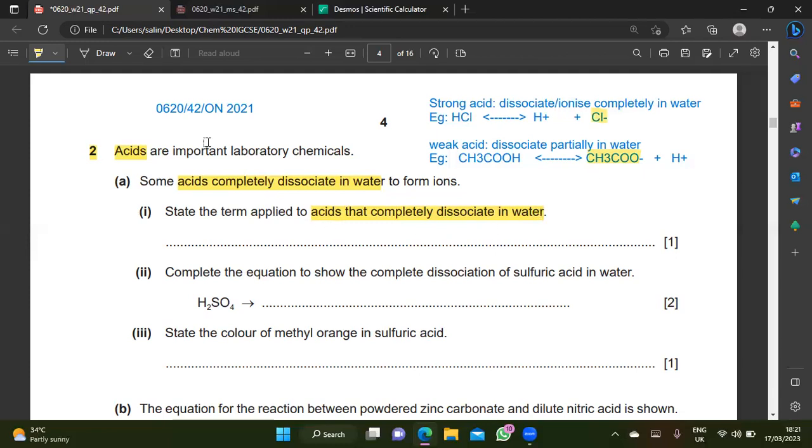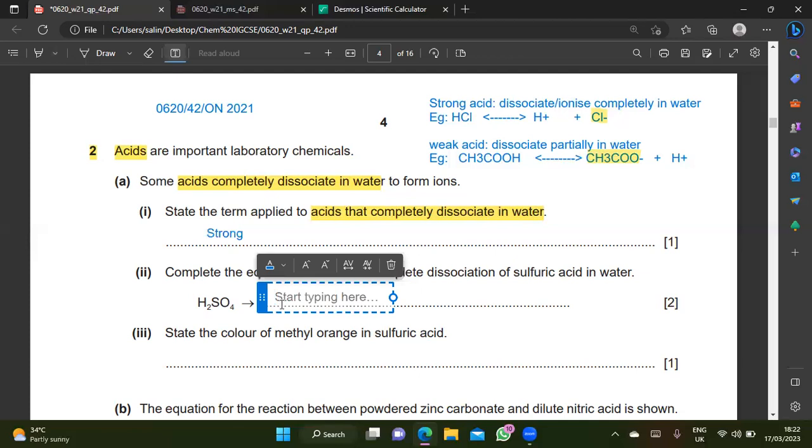Okay, let's try to answer the question now. So this is strong. And then complete the equation to show the complete dissociation of sulfuric acid. Okay, khalas. This is what we're going to do.